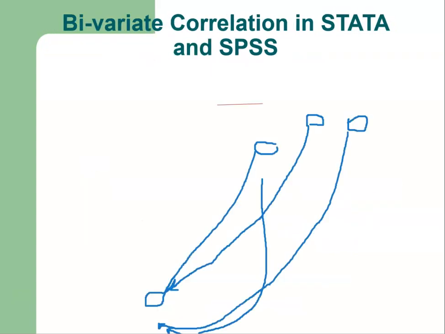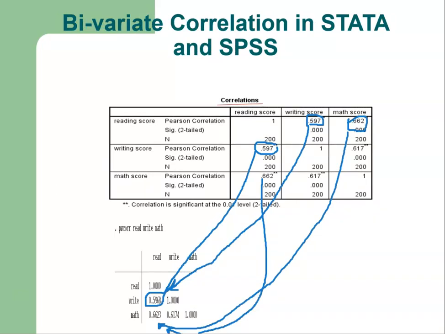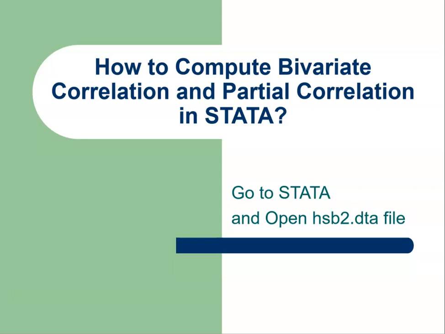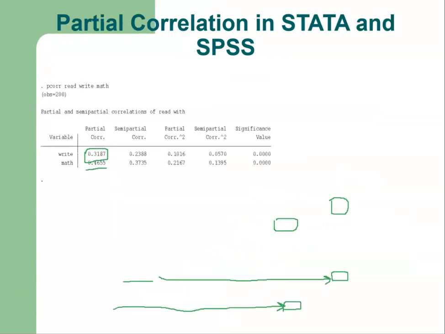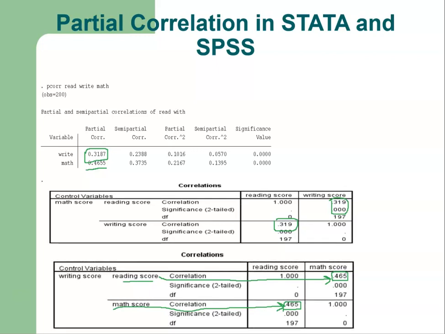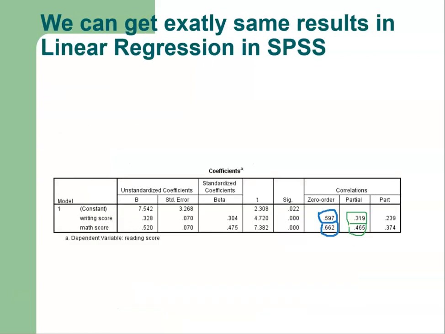And here you can also see the same. That is 0.597, and this is 0.662, and this is 0.617. These are exactly the same values that I showed earlier, and these are the bivariate values. Then these are the partial correlation coefficients, and finally we can also find the same values using the regression.